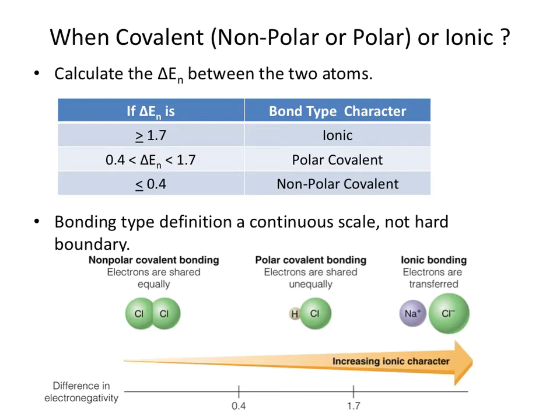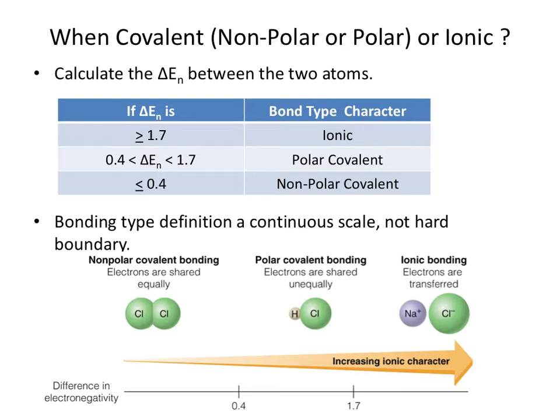There are other factors that come into play, and we'll talk about them a little bit later. Now, we have to have a somewhat arbitrary boundary between ionic and polar covalent, and also nonpolar and polar covalent. And so we've arbitrarily selected the following values on a continuous scale.